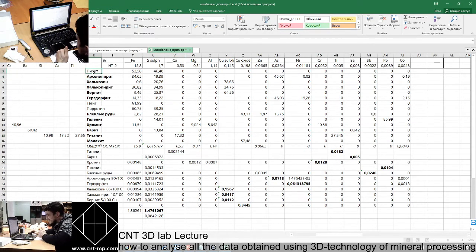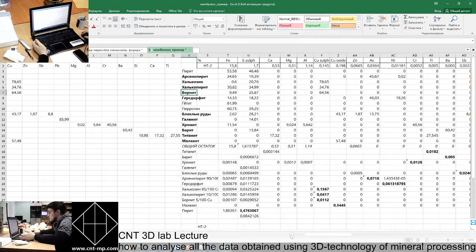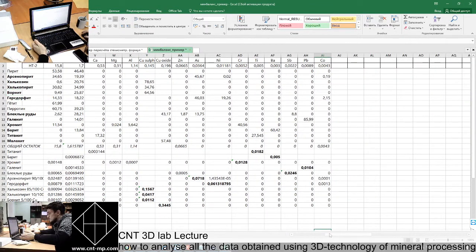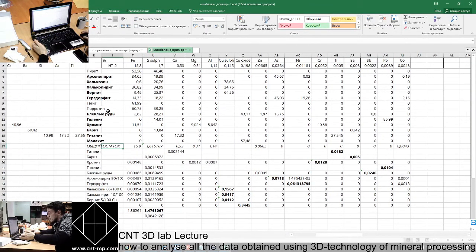So the list of minerals analyzed for mineral balances also depends on the cases and tasks which the client gives to us.